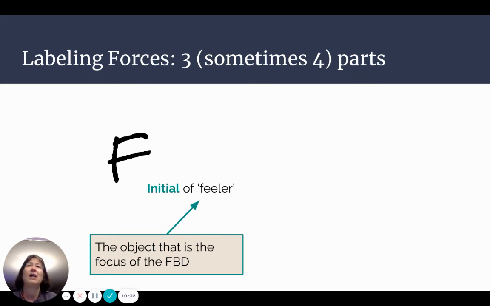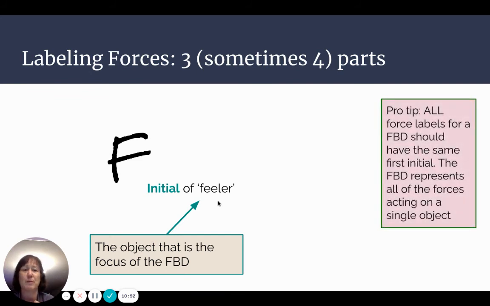So if I say do a free body diagram for the table, this letter is going to be T. If I say do a free body diagram for a ball in flight, then this letter is B. So this is what I'm doing the free body diagram for.